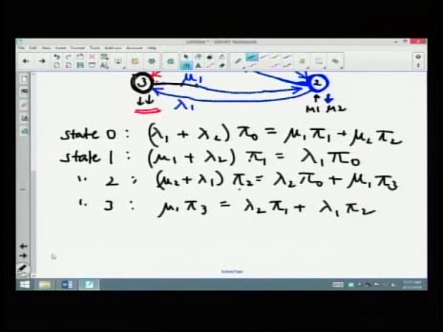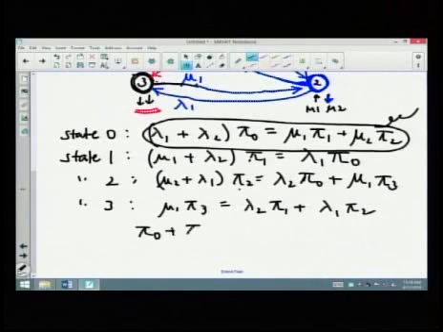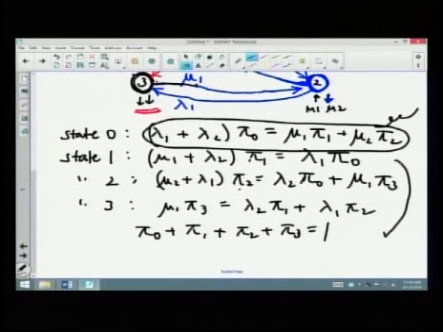So we're going to take out one of these linear equations, arbitrarily choose one, then add pi 0, pi 1, pi 2, pi 3's, so equal to 1, right? So you're going to solve this system of linear equations to determine steady-state probability distributions.